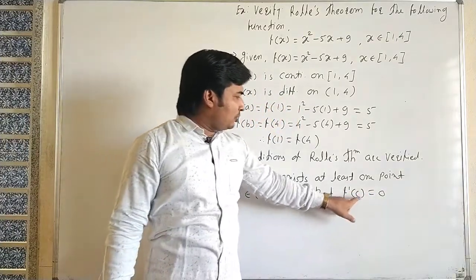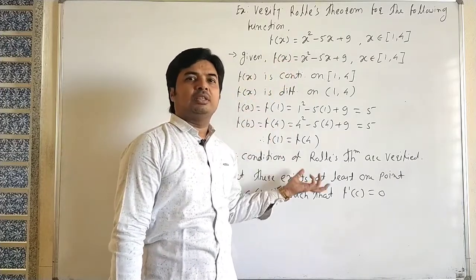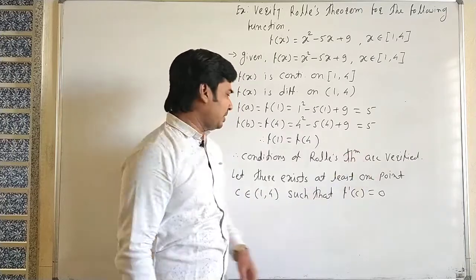Here f dash of c equal to 0, here given f of x, then we find f dash of x and then put x is equal to c, therefore replace x by c.